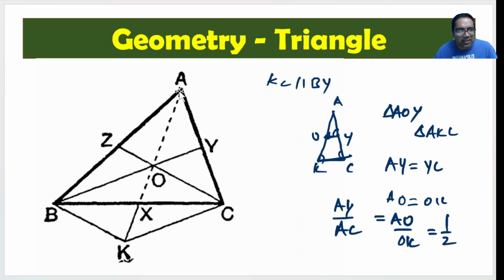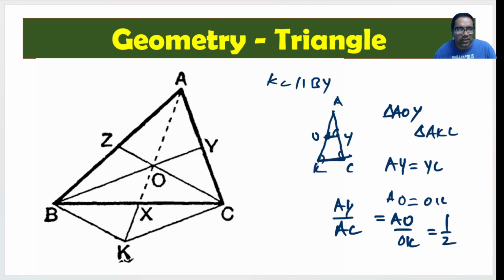Now let us take the other triangle, ABK. Here Z is already the midpoint of AB, because CZ is a median. Median touches at the middle. Now, O is already the midpoint of AK, we just proved this.